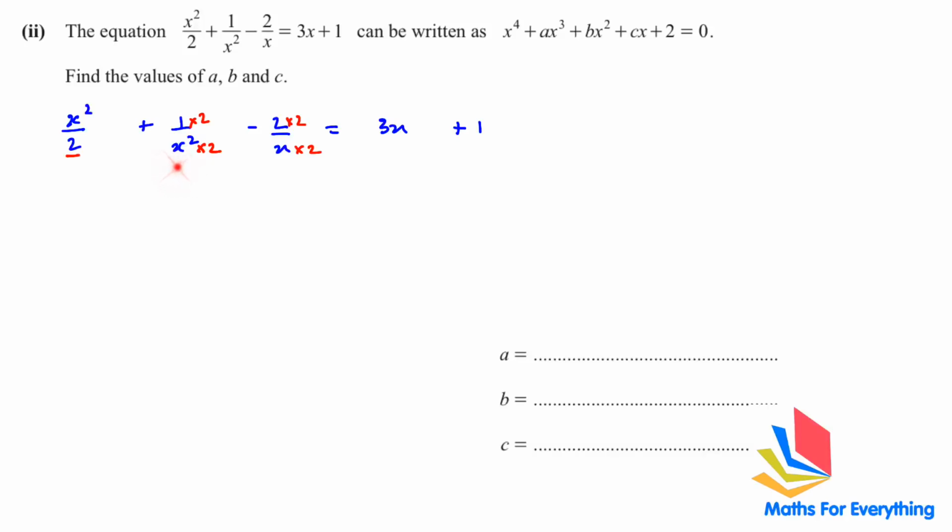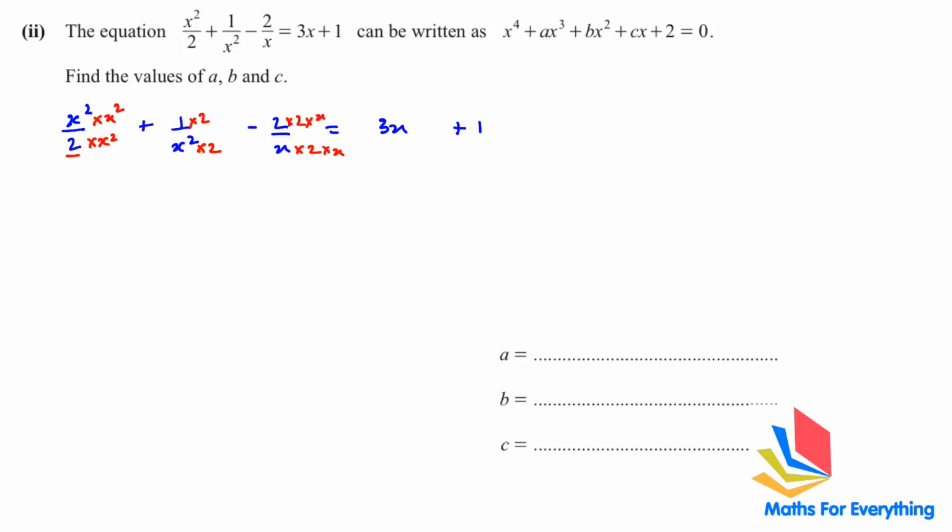Then you have x square here. You don't have an x square here. So times by x square. Same thing, numerator and denominator. In this fraction, we have 1x, but we have x square here. So we'll times with 1x here and 1x here.